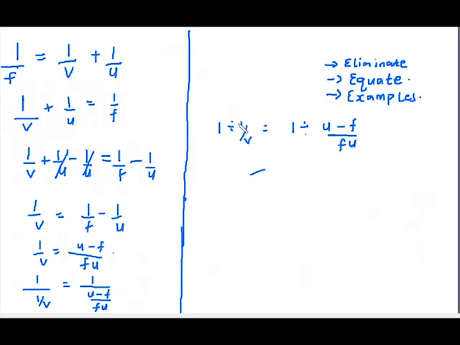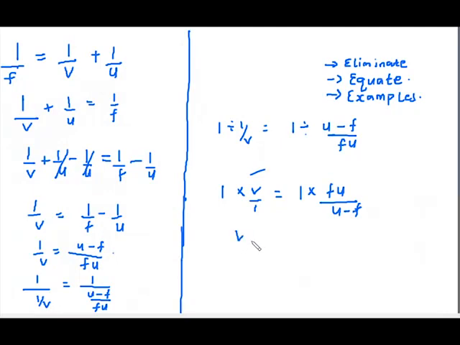So the implication of this is that if we switch the denominator and the numerator of these values here, this sign will change to multiplication. The same thing for here. If we switch the denominator and the numerator of this value, this division would ultimately turn to multiplication. So we'll be saying 1 times v over 1 equals 1 times fu over u minus f.